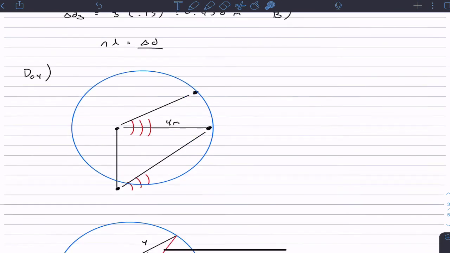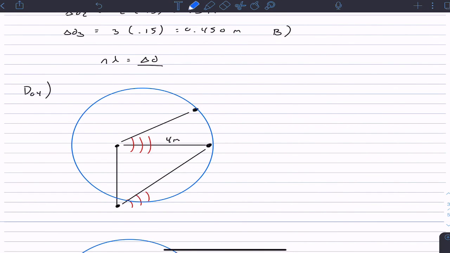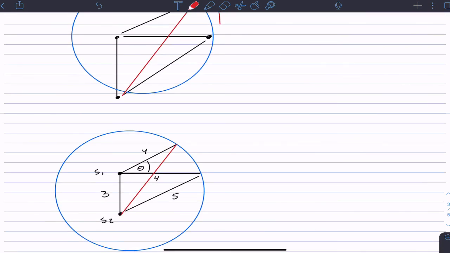Okay, and what we're trying to find is this distance here. We are trying to find this new distance, where this person was able to walk along this arc and find where it becomes a maximum. Something like that. Yeah, it looks the same.